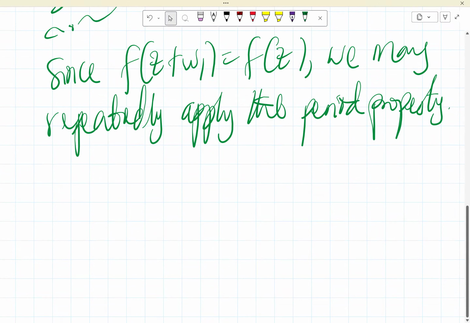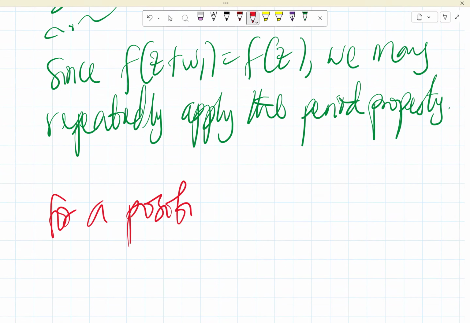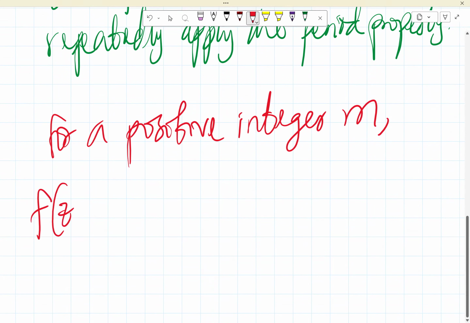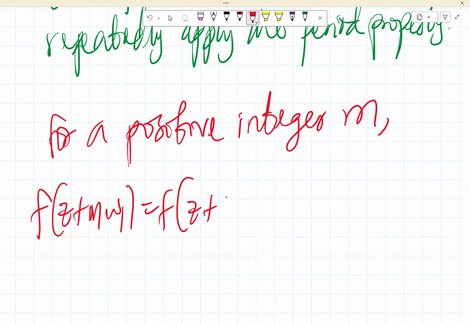So for a positive integer m, we can say that f of z plus m omega 1 is equal to f of z plus (m minus 1) omega 1 plus omega 1. Because technically, if we expand this, that's m omega 1 minus omega 1 plus omega 1. So omega 1 cancels omega 1, and we are still saying the same thing.